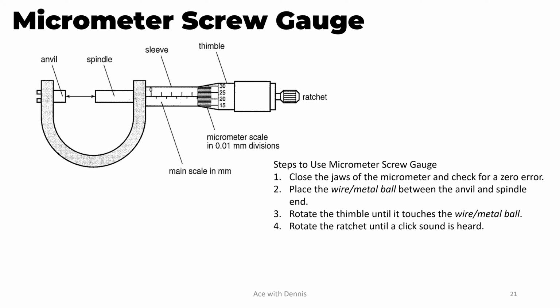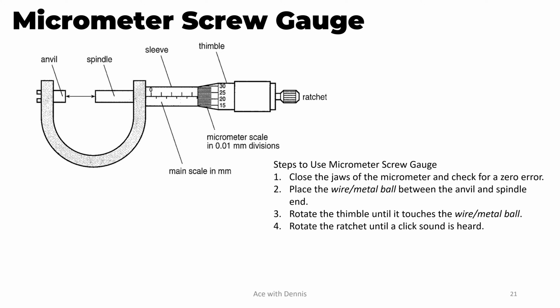So these are the steps to use the micrometer screw gauge. Step 1, close the jaws of the micrometer and check for a zero error. Then we can place the wire or metal ball or any object that we want to measure between the anvil and the spindle end. Then we rotate the thimble until it touches the wire or the metal ball.